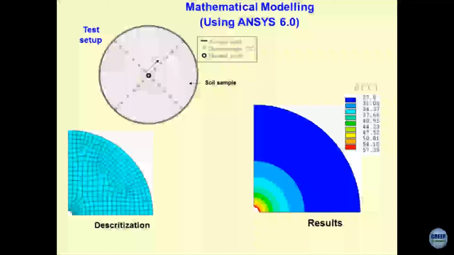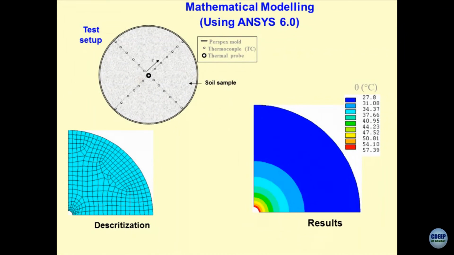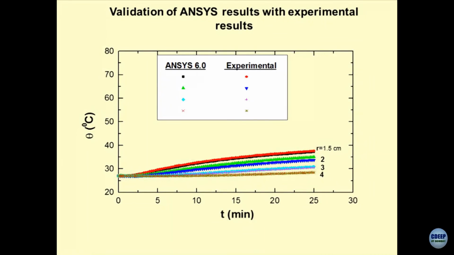I want to find out theta as a function of r and t, clear, because z is not coming into the picture, and these are the results which you will be getting. This is a thermal profile which has set in the soil mass. Using this thermal profile, we have again tried to find out how the time of heating gets scaled.